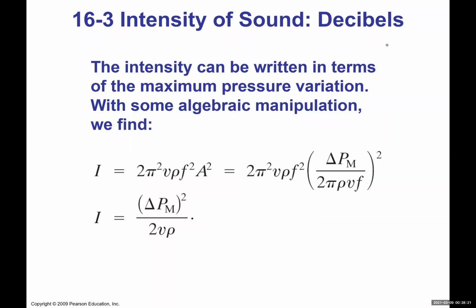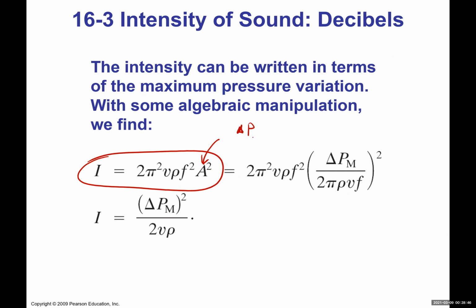So here what we have is the intensity equation that we derived in the previous chapter. Then what we're doing here is including some of these new things that we just derived for the amplitude of a pressure wave. Because here we have A, the amplitude, and then I just showed you the change in pressure, right?